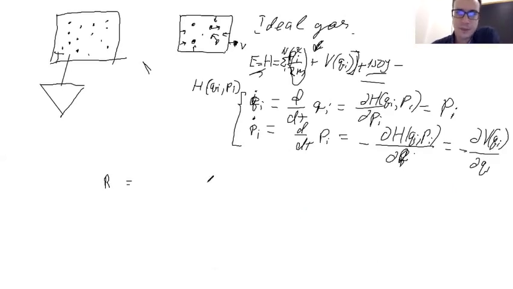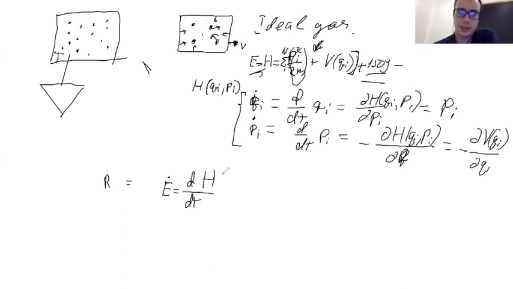Okay. Now about isolated systems. So this system is isolated, and we already know that H is the energy, right? Then I want to find the time derivative of energy, how energy changes in time.